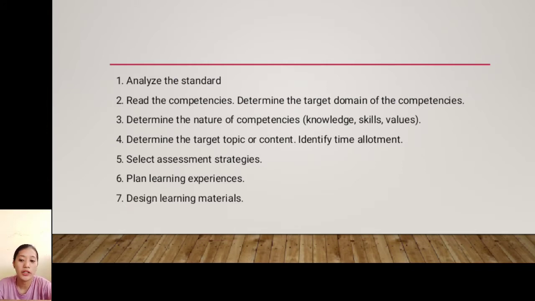Third, determine the nature of competences, which is the knowledge, skills, and values. The fourth, determine the target topic or content and the time allotment. The fifth is select assessment strategies. The sixth is plan learning experiences. And the seventh, designing learning materials.